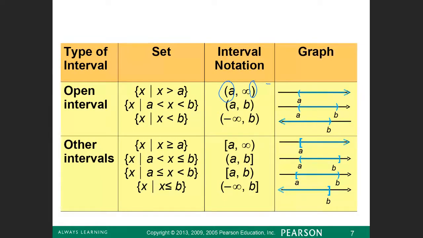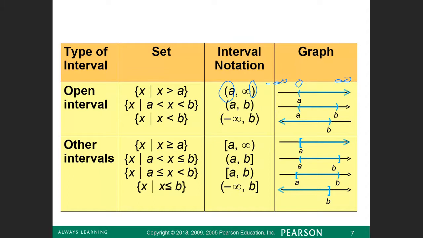To the left side, it's negative infinity, and to the right side, it's positive infinity. Since that is a parenthesis, we use an open circle or parenthesis to symbolize that. You can also use an open circle instead of the parenthesis.